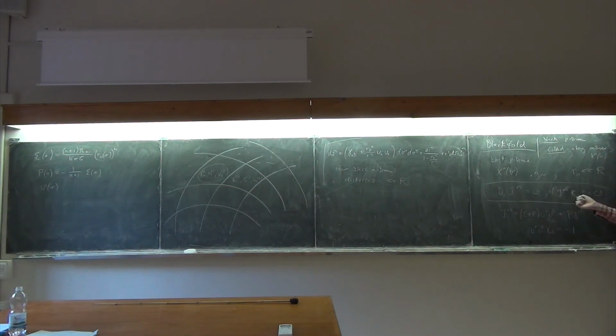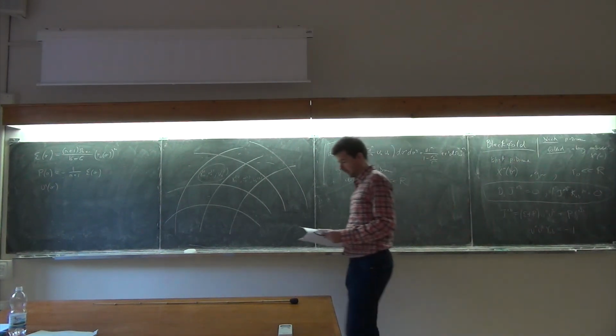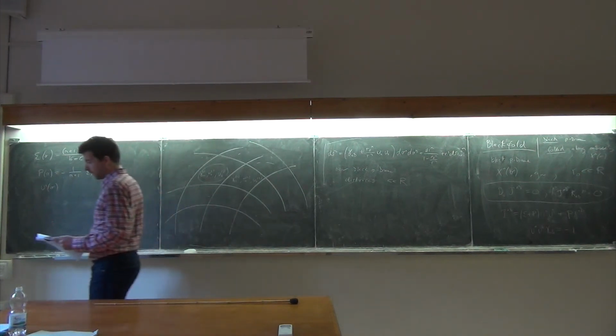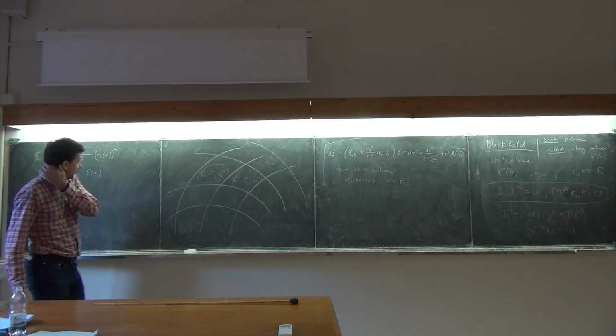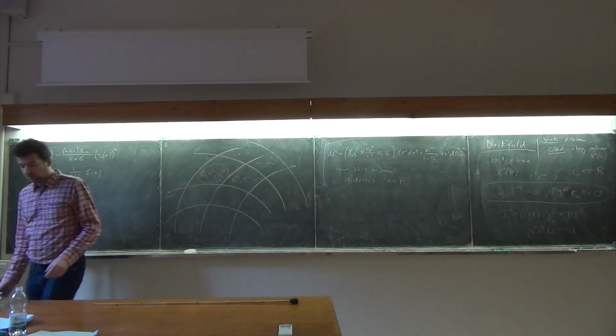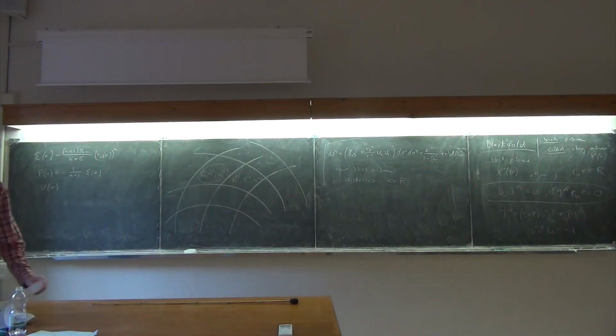So these equations describe how all these things vary at distances of order r or larger. Okay? So this is an approximation, and you can of course go to higher orders. I will not describe again how this works, but it's completely analogous to what I said for the black hole case.